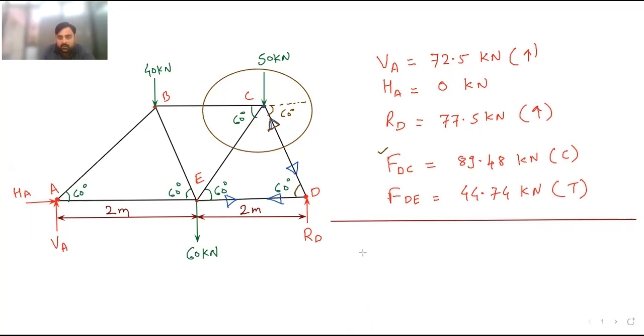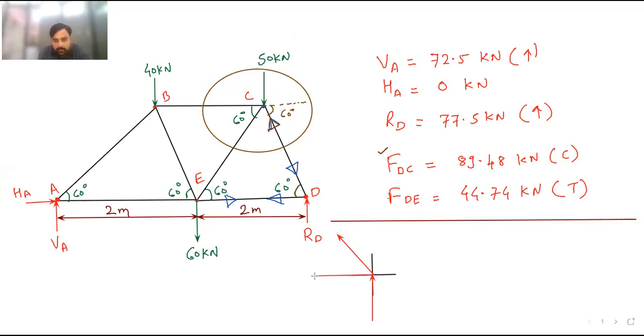Okay, so horizontal line, vertical line and horizontal line. Then here, this is the reaction RD, which is acting over here. Then this is the member DC. Right now we don't know the force in member DC, so we have assumed tensile.